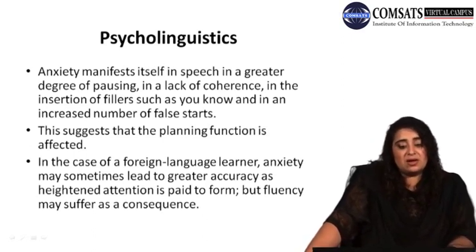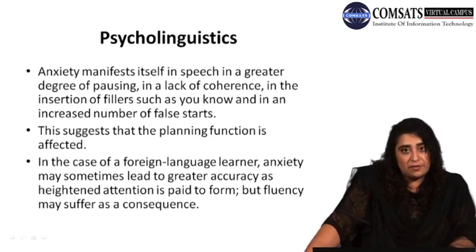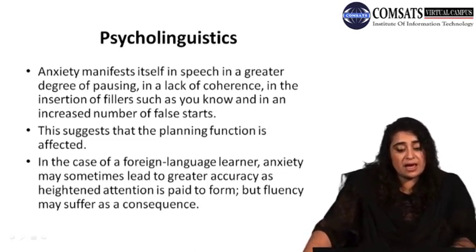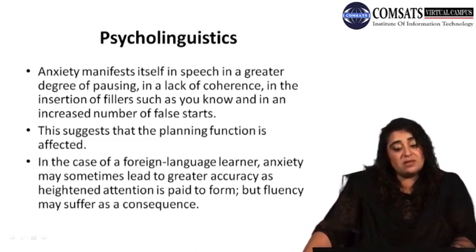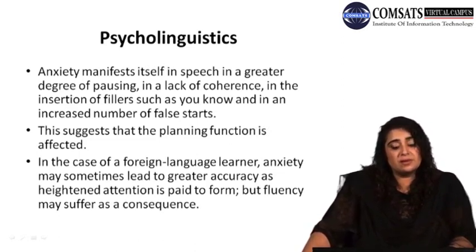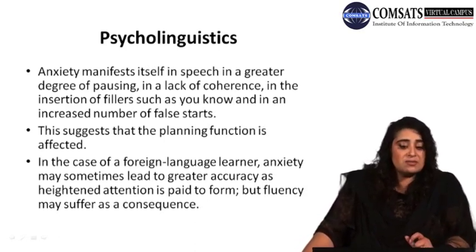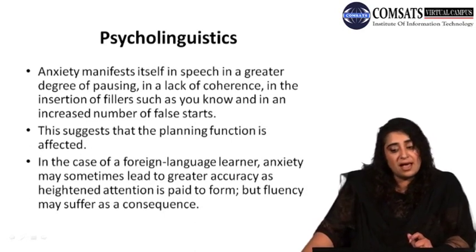So in the case of a foreign language learner, when you're learning a foreign language, anxiety may sometimes lead to greater accuracy as heightened attention is paid to the form, but fluency may suffer as a consequence. So in learning a foreign language or a second language, the anxiety may sometimes lead to greater accuracy.